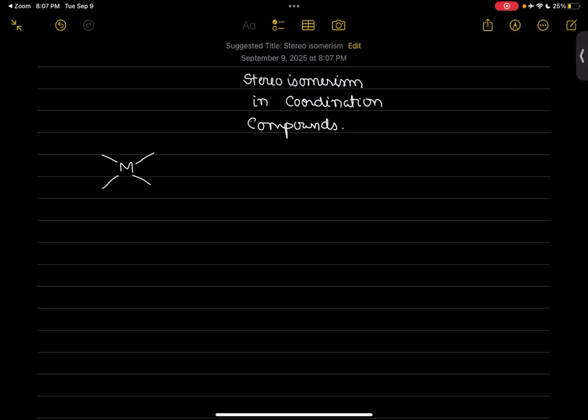Which arrangement is this? You can clearly see that it is the square planar arrangement. Got it? Is it clear or not?